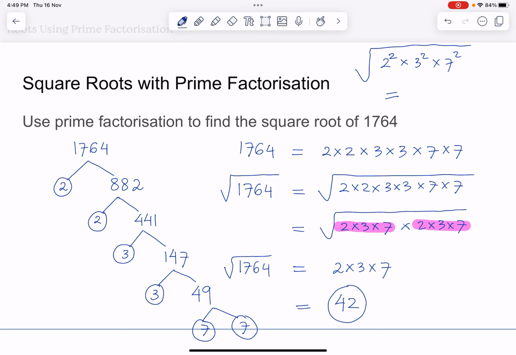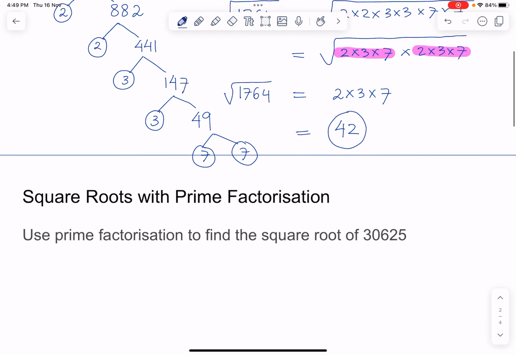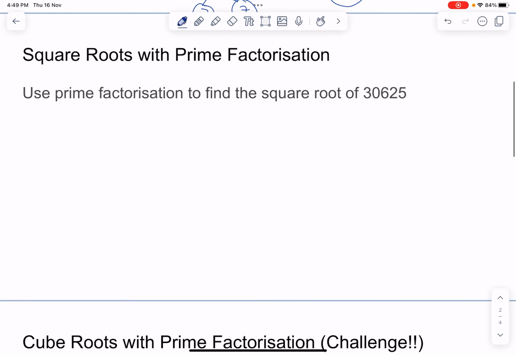So we are square rooting the square of 2, which is just 2. We are square rooting the square of 3, which is just 3. We are square rooting the square of 7, which is just 7. So in the end, again, you have the answer, which is 42. So you can check that yourself. Is that really true? 42 times 42 is 1764.